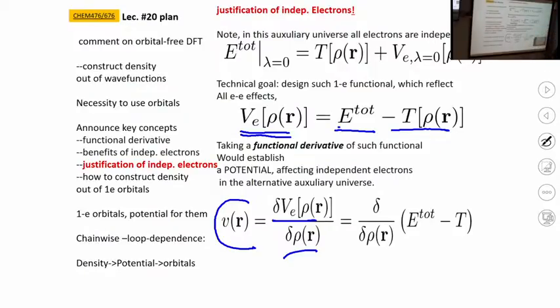And now, the external potential that is the functional derivative of the external total energy, or the energy that comes from the term that originally corresponded to electron to nuclear attraction, is the functional derivative of this term, delta V over delta rho. Right? Functional derivative of this energy over density.